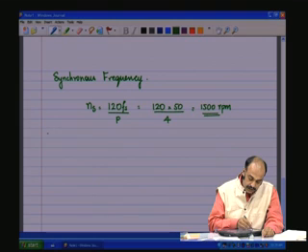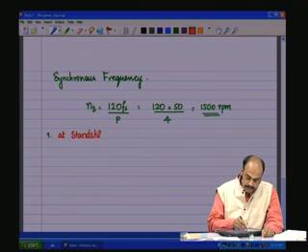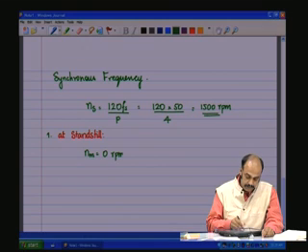So now if we take case 1, this is at standstill. Now under standstill condition, what is nm? Nm is 0 rpm. What is slip?